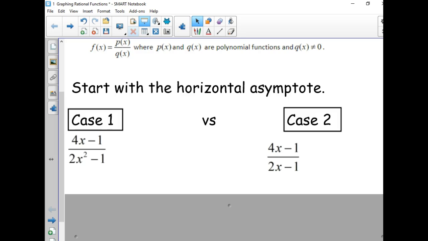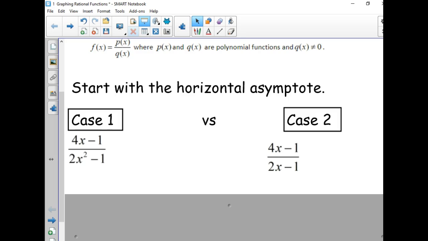Now I want you to look at these right now, and I want you to say, what do you notice about these 2 rational functions? Granted, I don't have it as y is equal to, and I technically should, so forgive me. But I want you just to look at the numerator and the denominator, and I want you to compare case 1 to case 2 for me, please.